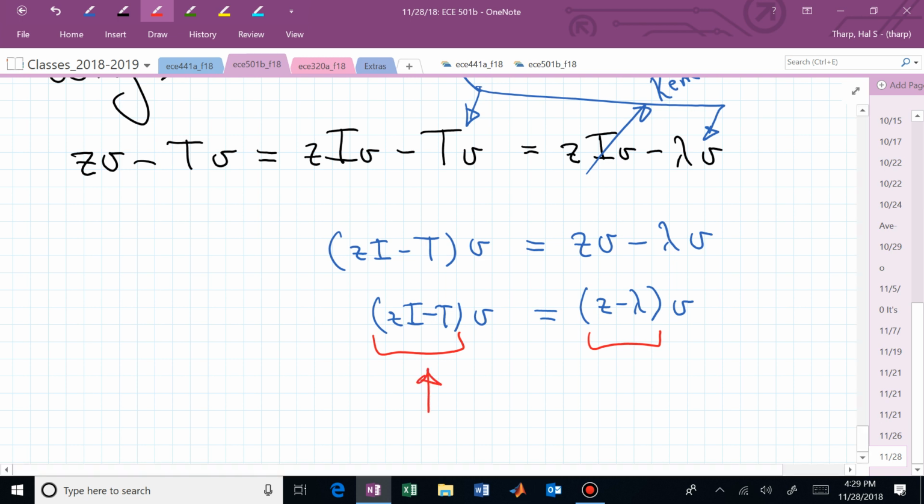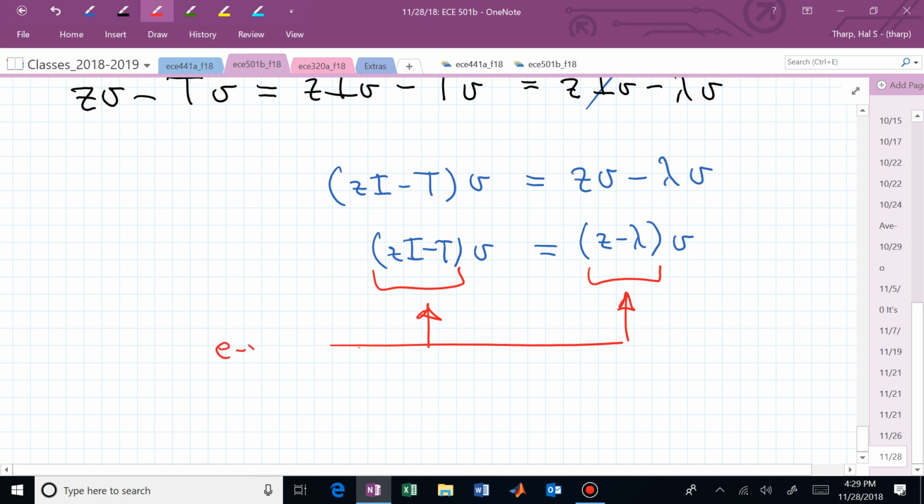So this is, again, just the eigenvalue-eigenvector equation.